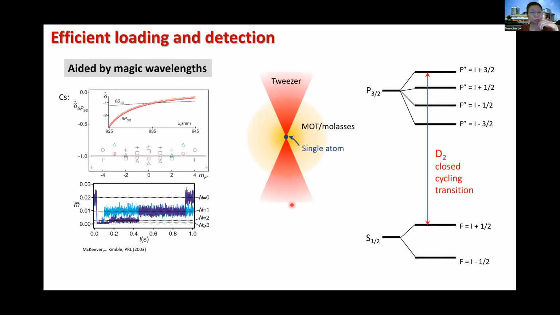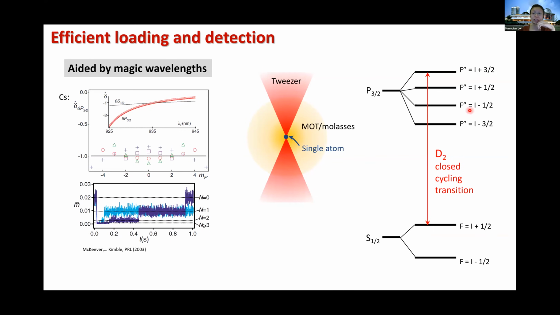So to efficiently load and detect the atoms, I just want to explain briefly that these single atoms that are loaded in the tweezer, they are loaded directly from a magneto-optical trap or molasses. There's no extensive evaporative cooling that goes on. So they're loaded from the molasses, which means that as they are loaded into the trap, the atoms actually experience this closed cycling transition where it spends some amount of time in the excited state, something like 25% of the time as well.